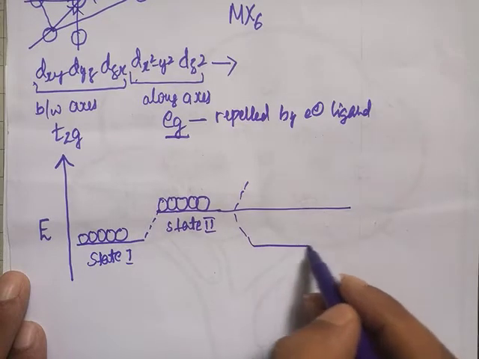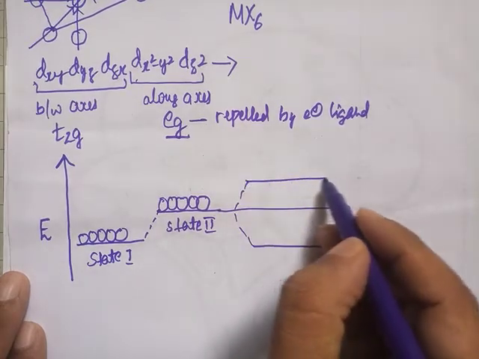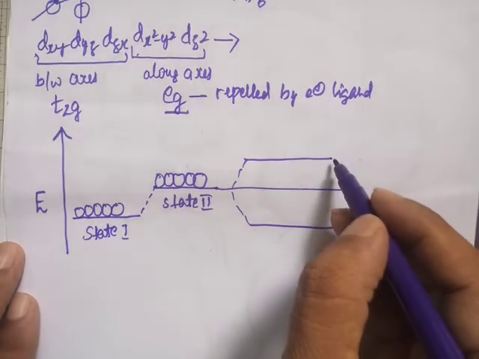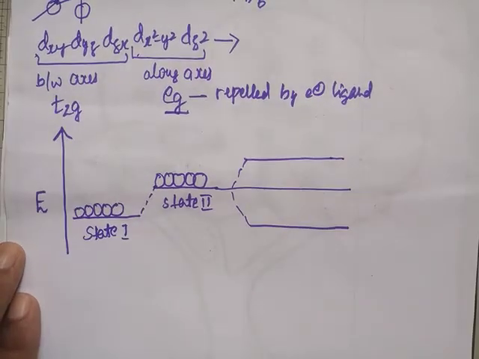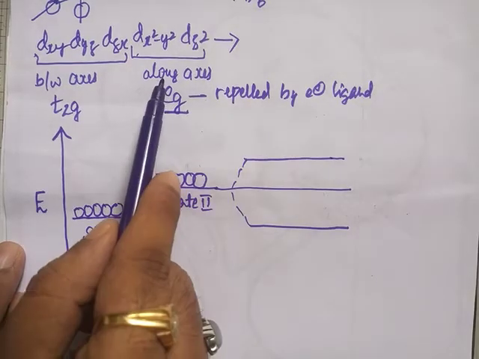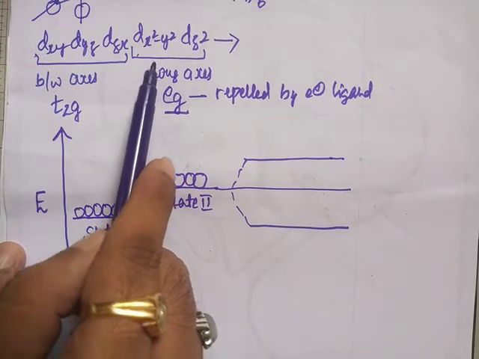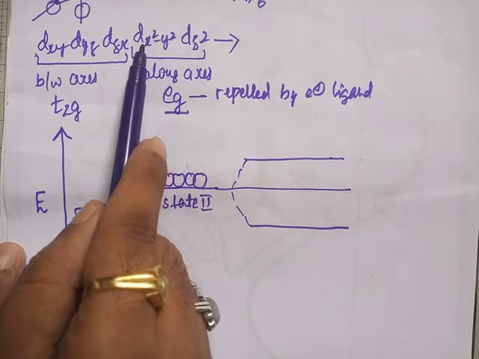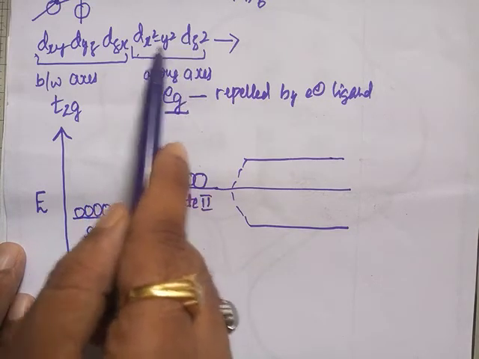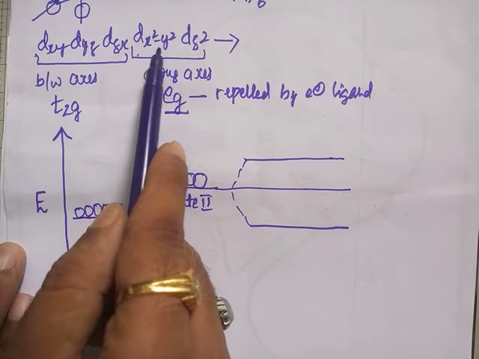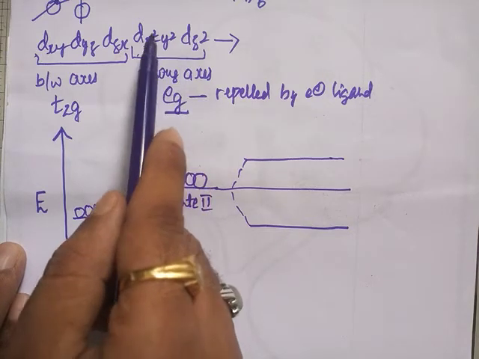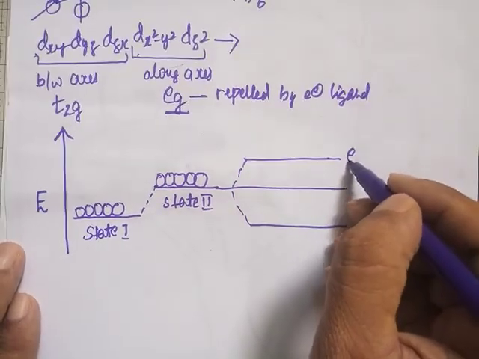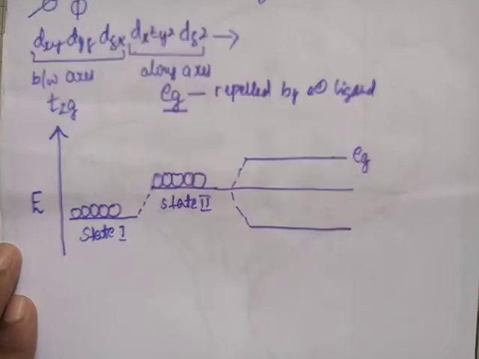So they split up into two sets of energy levels. When the ligands approach along the axis, because of the repulsion between the electrons of the ligands and the electrons of the dx square minus y square and dz square orbitals, the energy of these orbitals increases, so they form doubly degenerate orbitals.